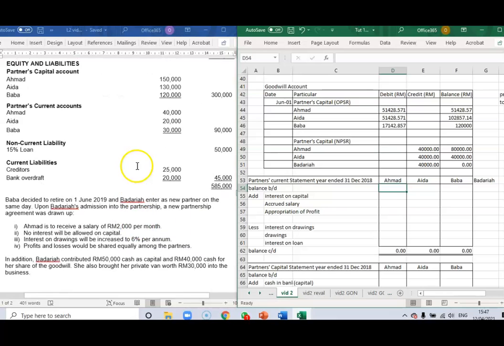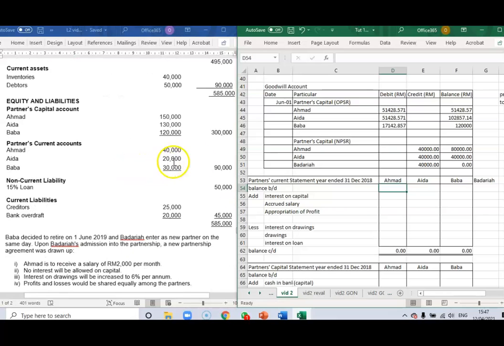You can look into the statement of financial positions. The partner's current account for Ahmad is 40,000. So okay, 40,000. Aida is 20,000. And Baba is 30,000. Badaria do not have any. Okay.